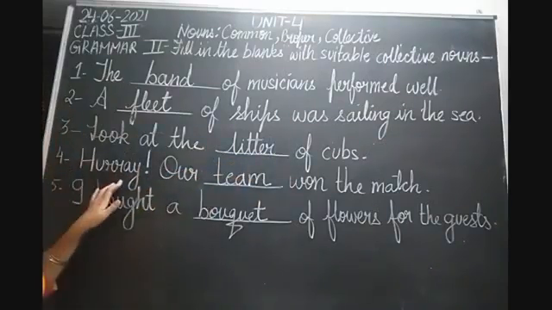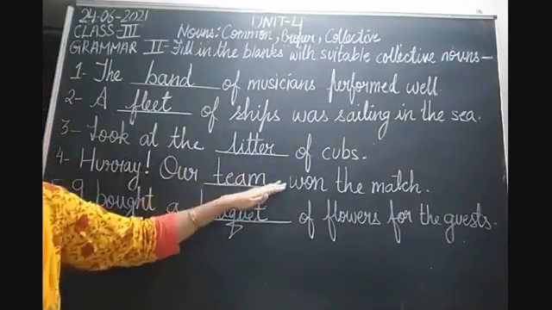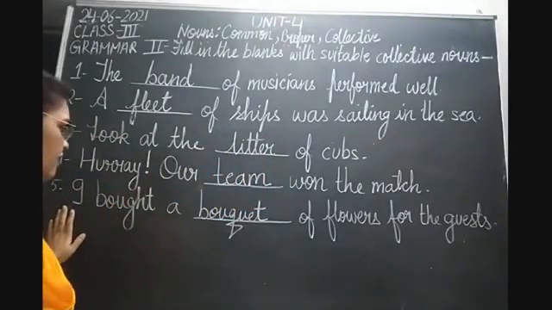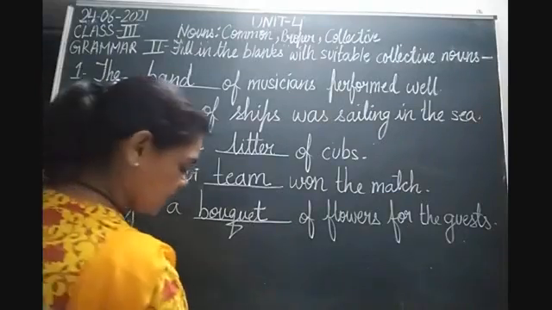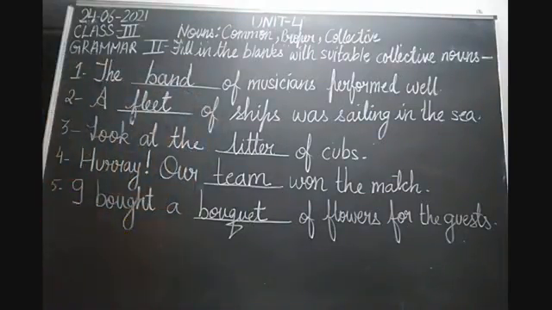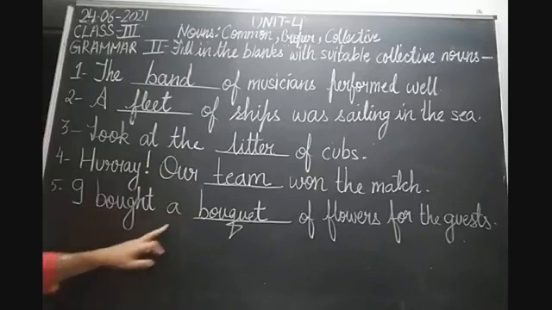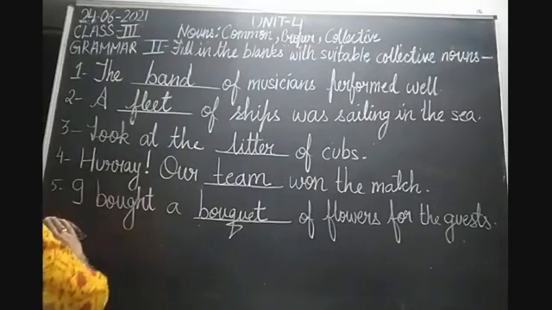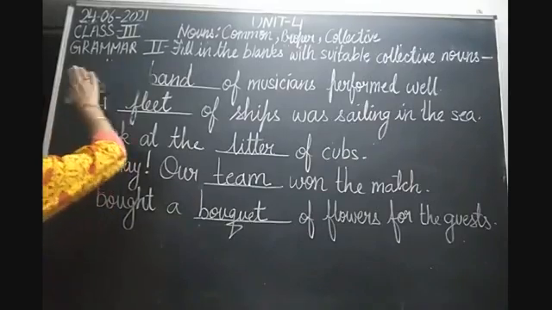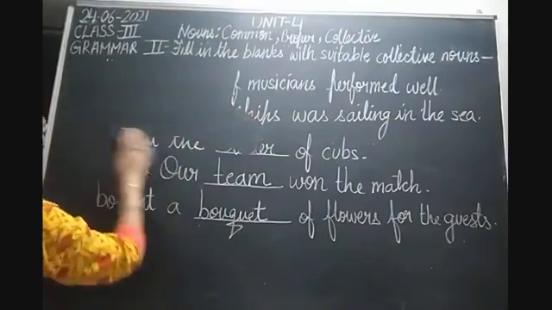Fourth, hooray, our team won the match. Fifth, I bought a bouquet of flowers for the guest. I'm sure everybody must have done, students. Check your spelling, especially of bouquet, B-O-U-Q-U-E-T. So now I'm going to erase and write the sixth one.